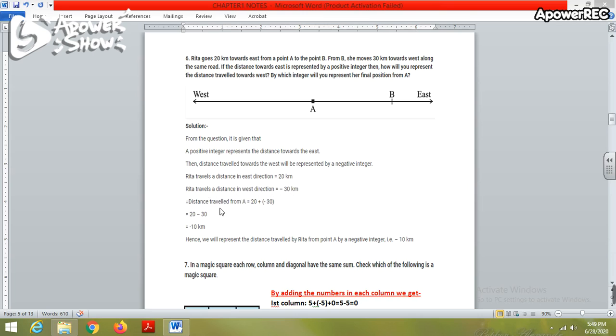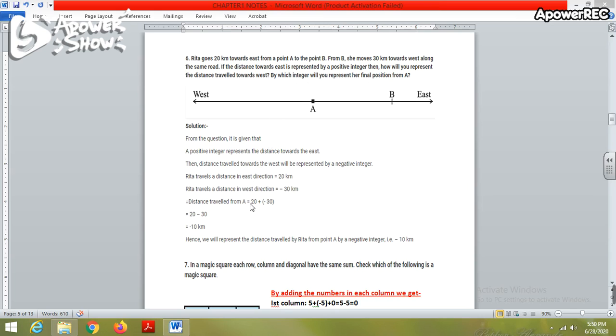So the total distance traveled by Rita from here to here and from here to the point which is 30 kilometers towards west. We have to calculate the distance from A to B and then B to the point where she reached after moving 30 kilometers toward west.